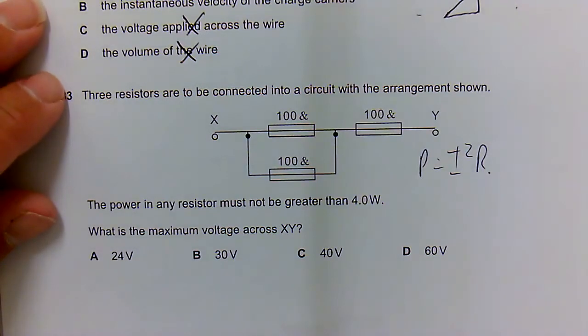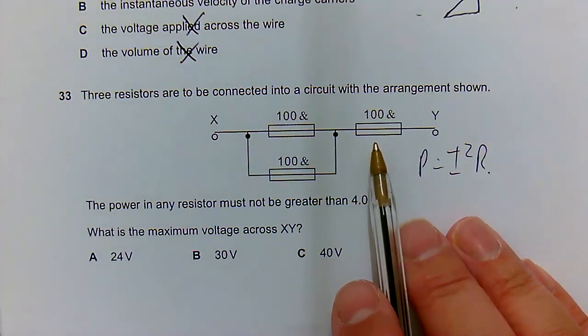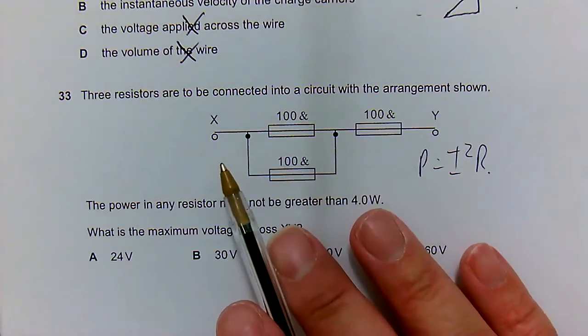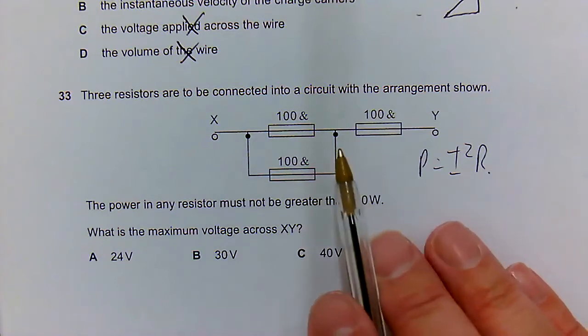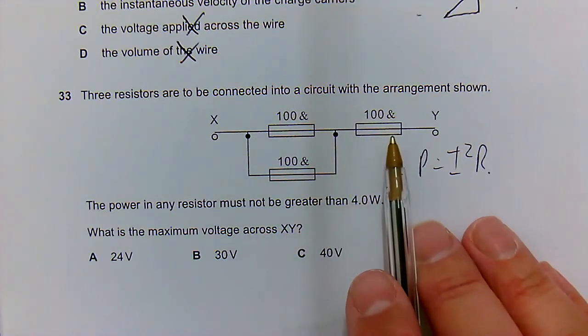Now, we want to work out the total voltage across X, Y. So first of all, we have to work out the arrangement of the resistors, because the power in any resistor must not be greater than 4 watts. So you've got to think very, very carefully.